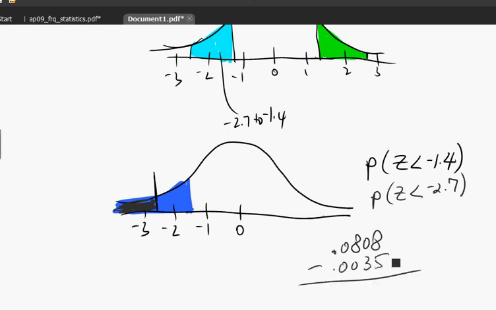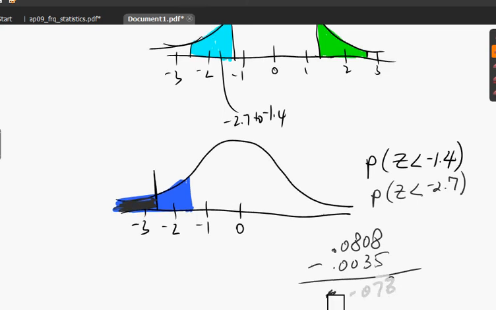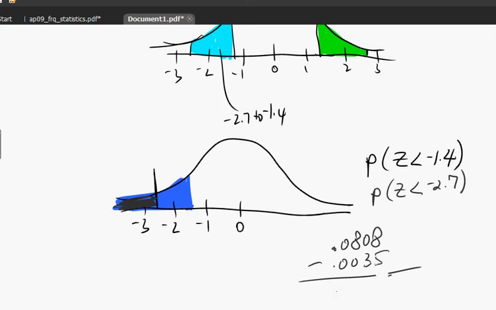And you said to subtract, so 0.0808 minus 0.0035. Wait a minute, 8 minus 5 is 3, 80 minus 3 is... that's my problem. There we go, 0.0773. Here we go.